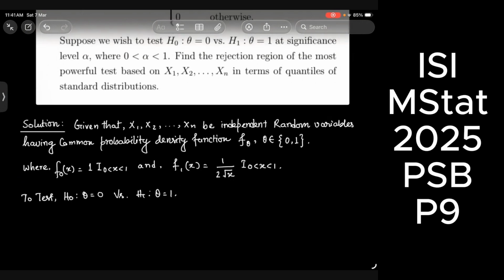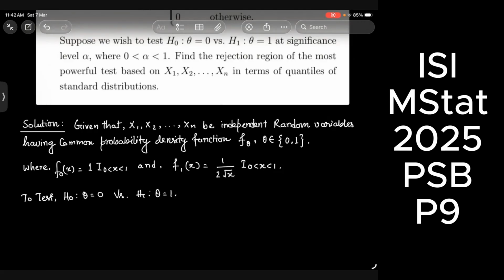Okay, sir. So I have a question. What happens if the supports of x under the null and alternate probability distributions are different? Like, if f naught is uniform 0 to 1, and f1 is uniform 0 to some number k, in that case can we directly apply Neyman Pearson?